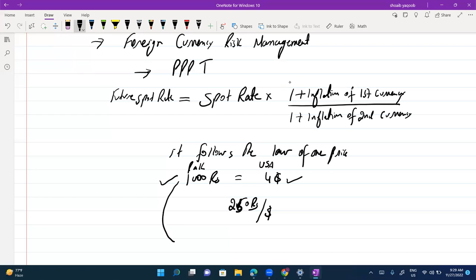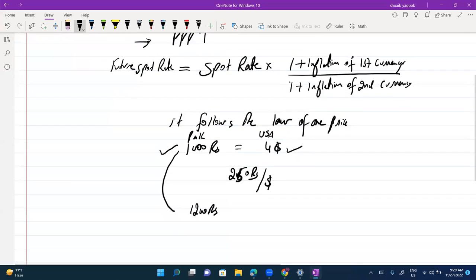If in Pakistan Big Mac moves to 1200, but in America it is still equal to $4, our exchange rate move in such a way that still the Big Mac price in both countries will same. So the impact of inflation will be absorbed by the exchange rate, that is purchasing power parity. You should remember this formula.